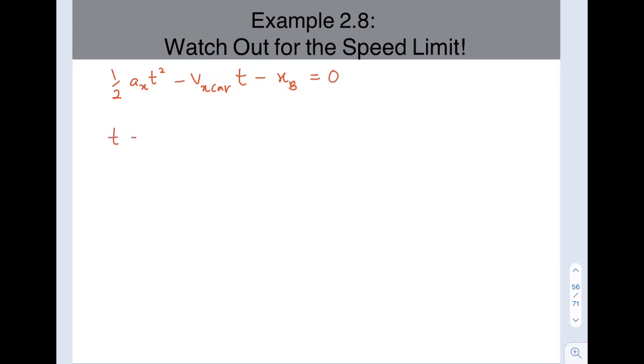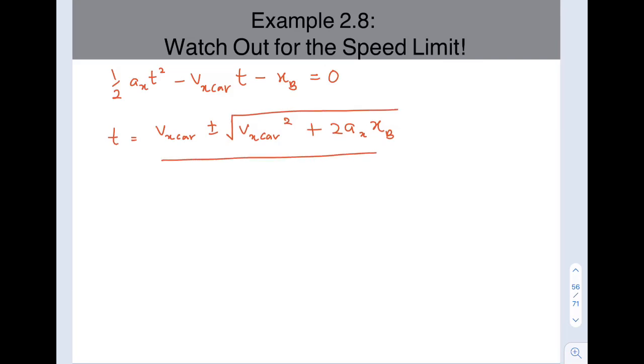So t equals Vx of the car plus or minus, we have to use the quadratic solution, square root of Vx of the car squared plus 2 ax times x of the car at the billboard, all divided by ax.